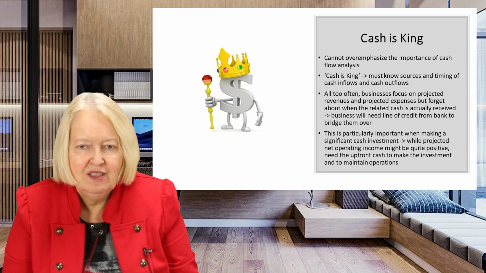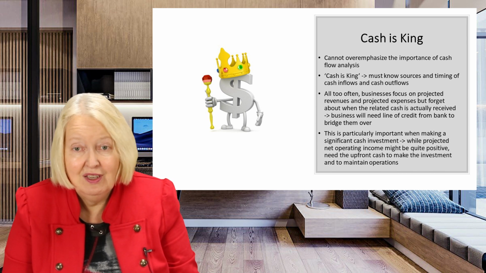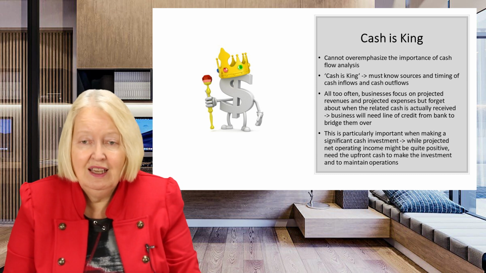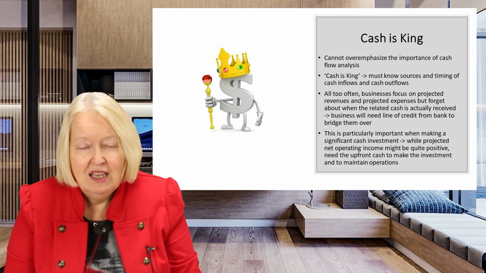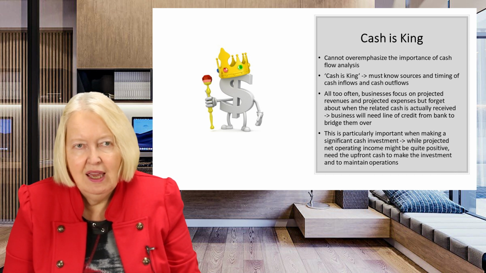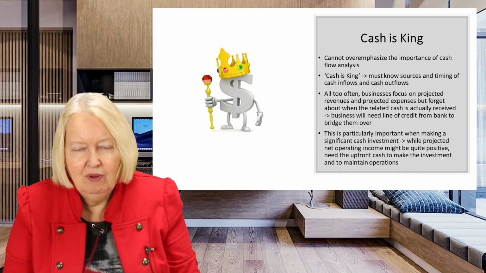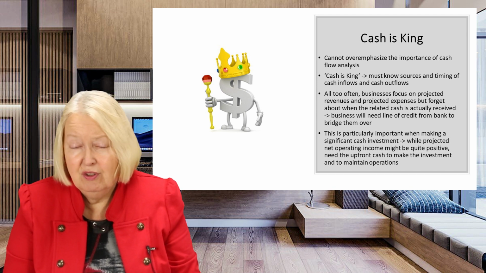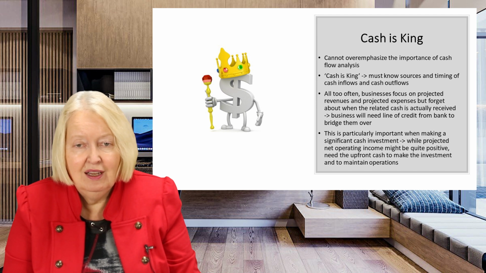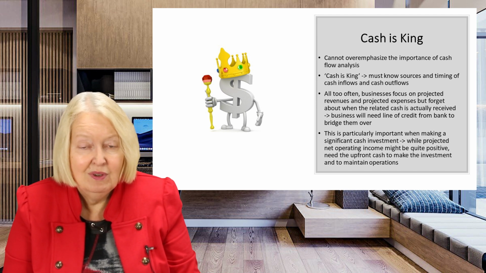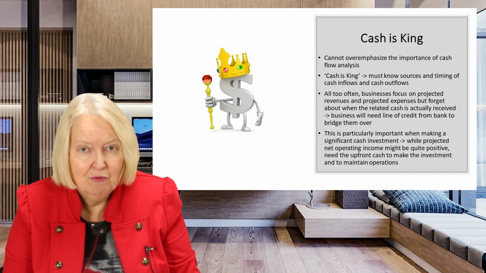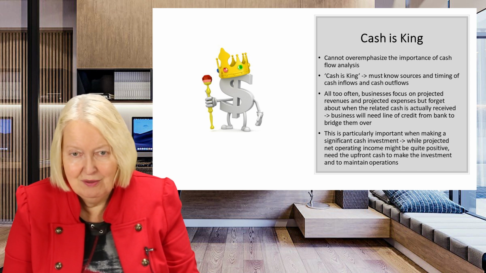All too often, businesses focus on projected revenues and projected expenses, but forget about when the related cash is actually received. So, for example, you may have an arrangement where you have to pay the suppliers for the goods you're buying in 30 days, but on the flip side, when you sell those products to your customers, you may give them 40 days or 45 days to pay.